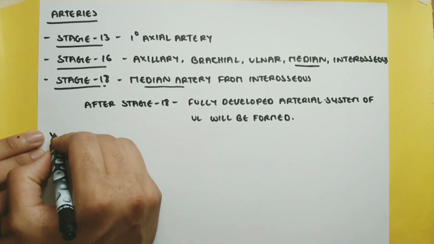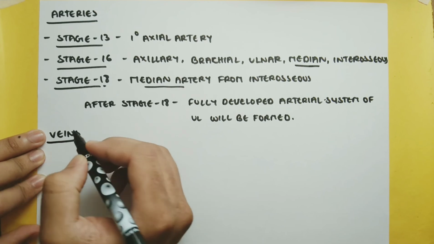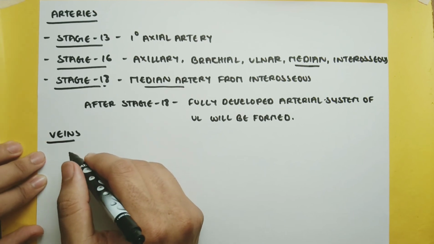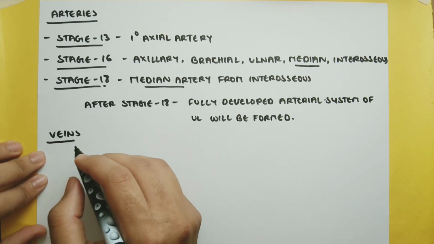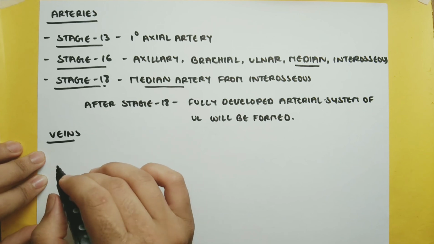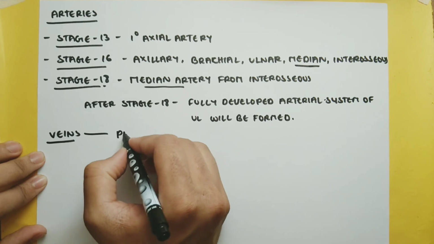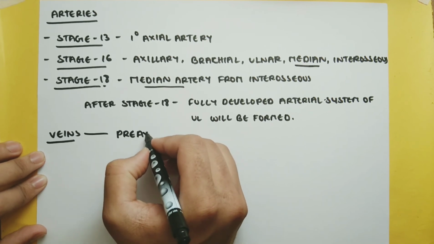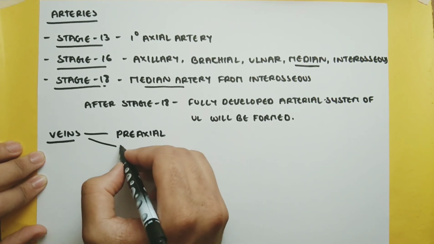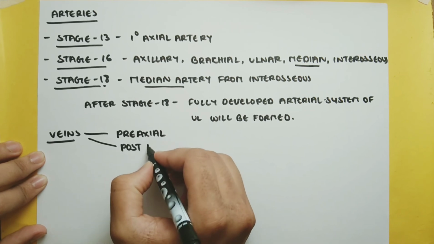Now come to the veins. There are two main veins during the development. Those are preaxial and postaxial veins.